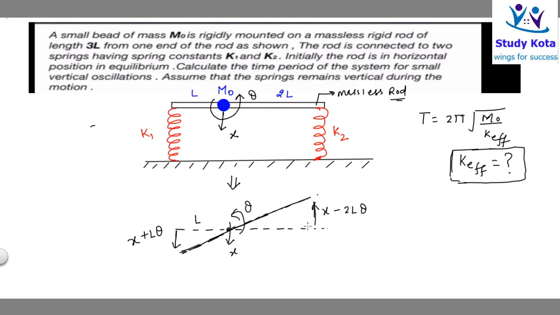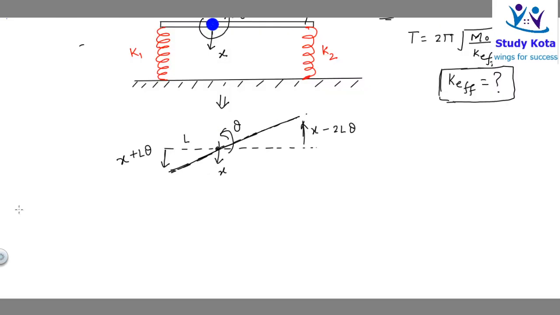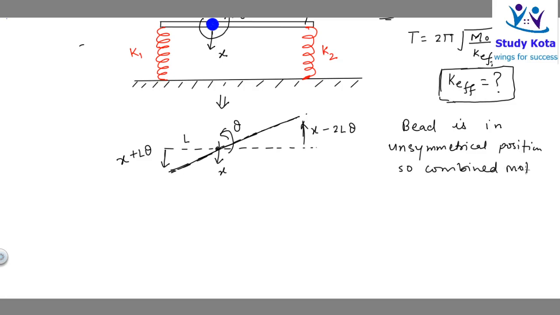Let us see. A few tips I want to give you: the bead is in an unsymmetrical position, so there is a combined motion, which is translation plus rotation.